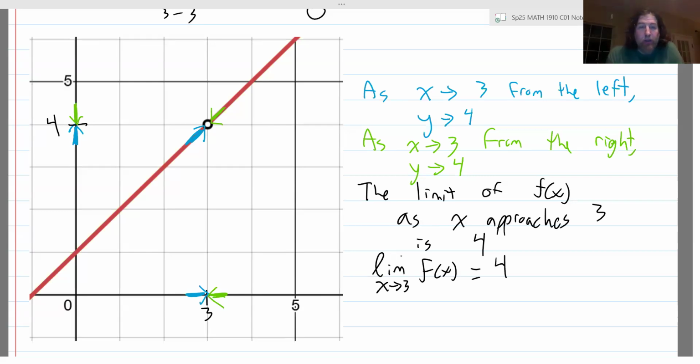When x gets to 3, the function doesn't exist. f of 3 does not exist. But as x is approaching 3, the y values are still approaching a specific number. They never get there, but they are approaching that value.